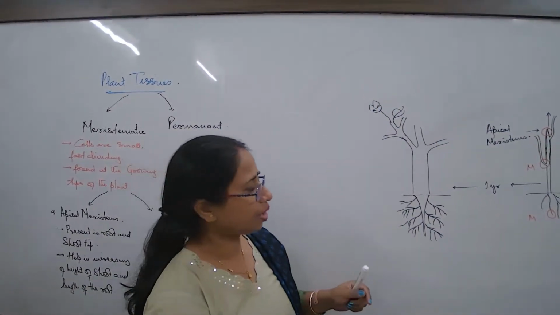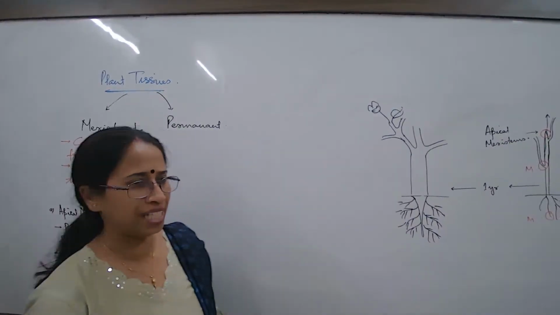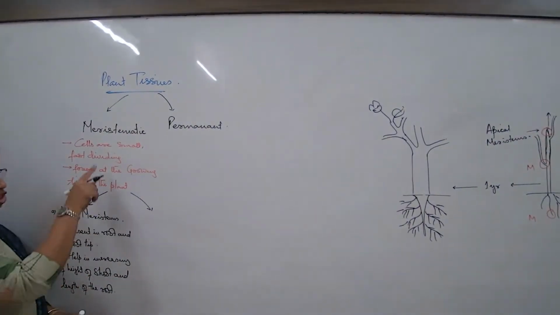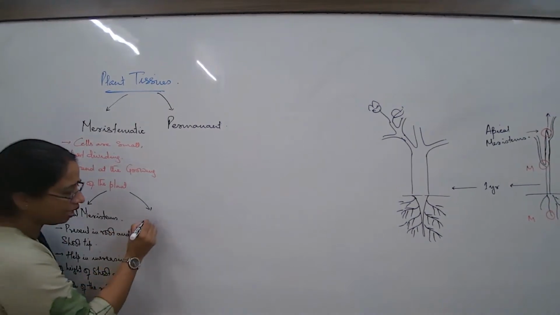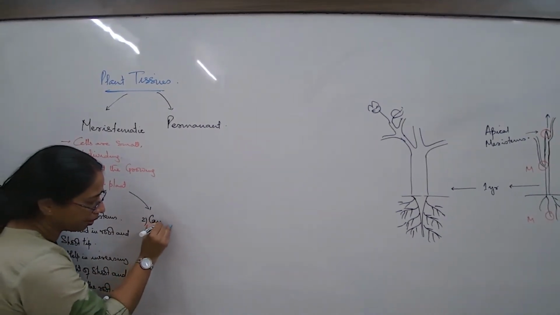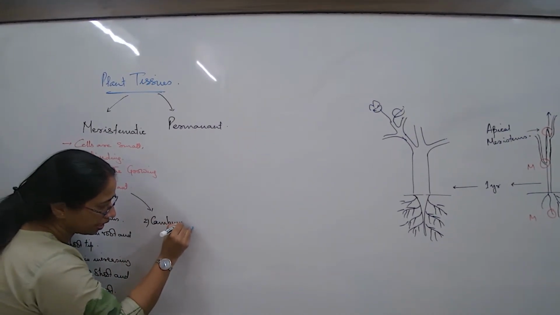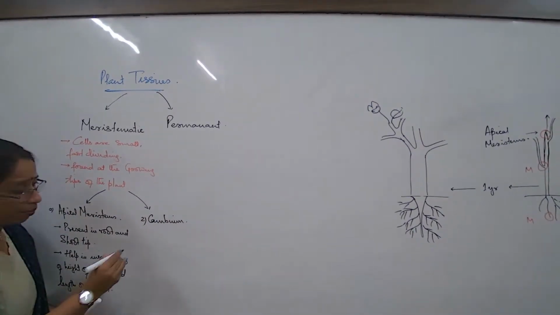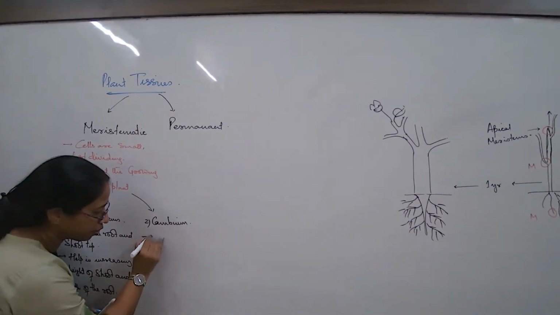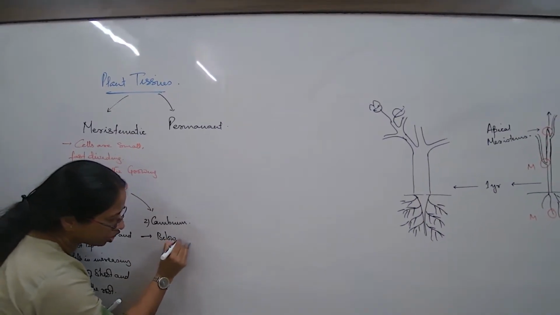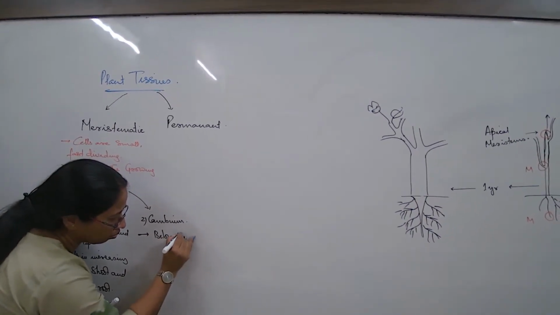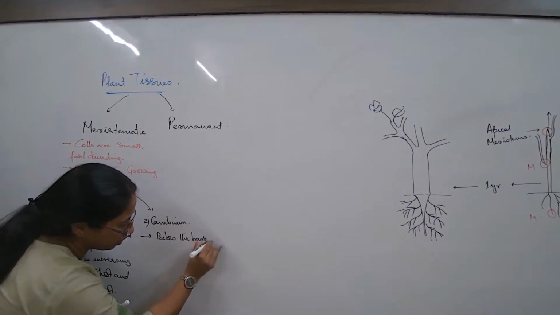So what is the other type of meristems? We are talking about two types of meristems: apical meristems, and next is cambium. Where is cambium present? Cambium is present below the bark, in the inner region of the bark.